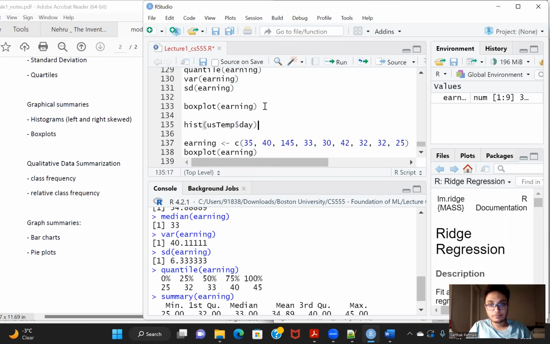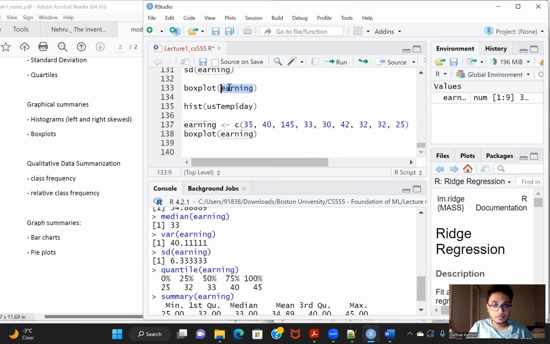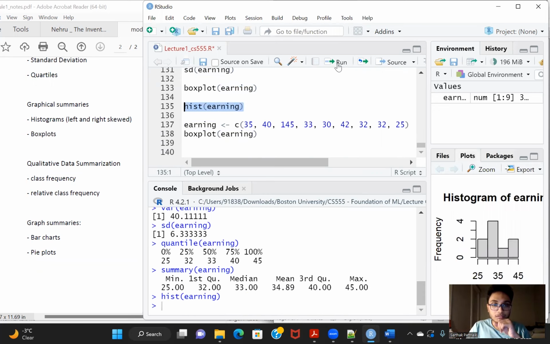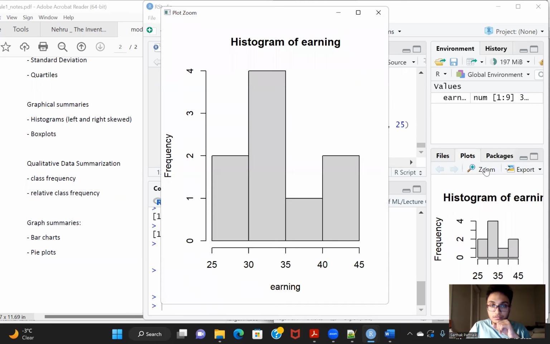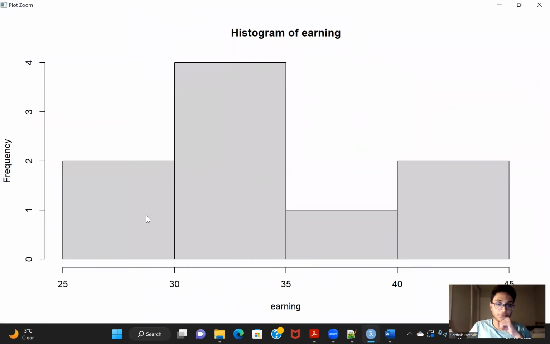So for the same data that we had, this is how typically a histogram looks like.